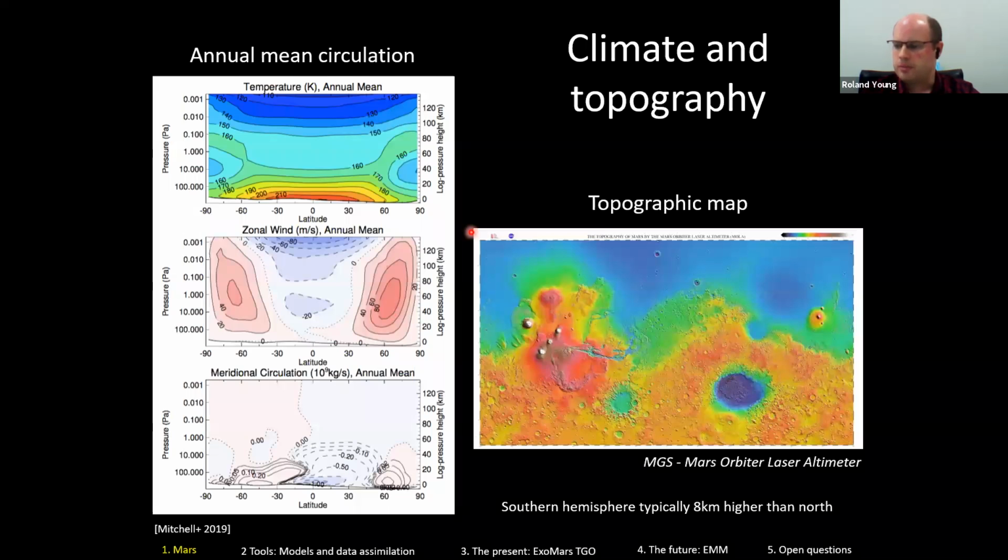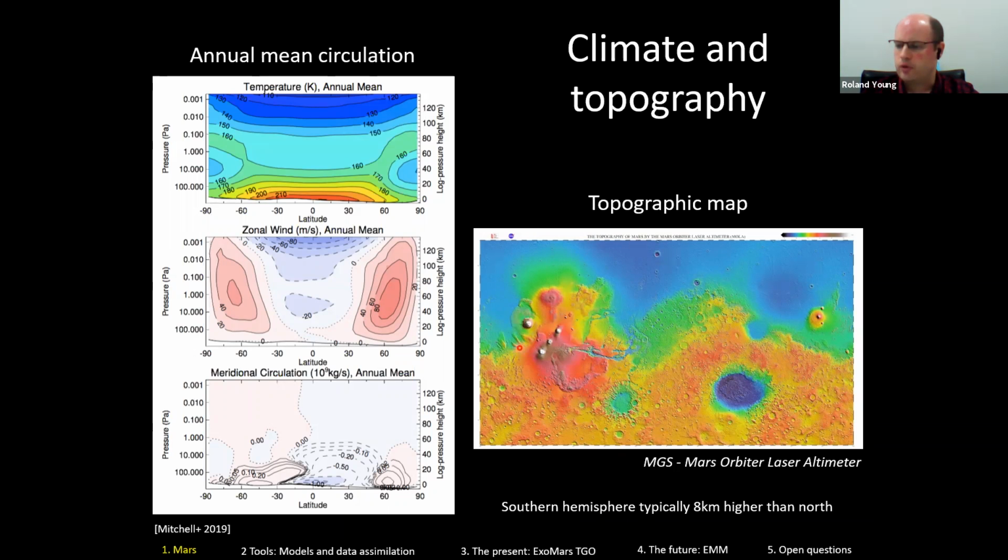This is a map of the topography, or the surface elevation, and it is quite a lot more extreme than the Earth's topography. Here, the red and yellow colors are high, and the blue and green colors are low. The southern hemisphere is about 8 kilometers higher than the northern hemisphere, and it's much more cratered, while the northern hemisphere is much smoother.